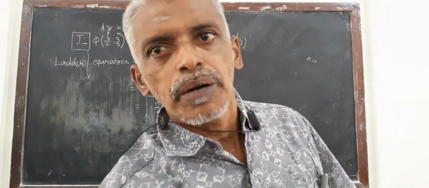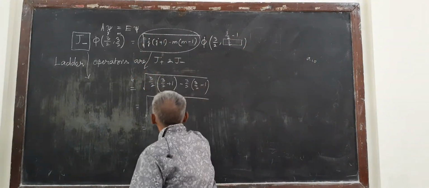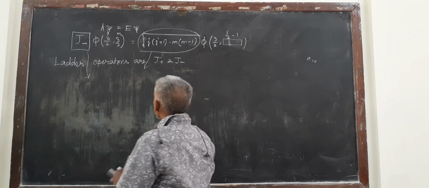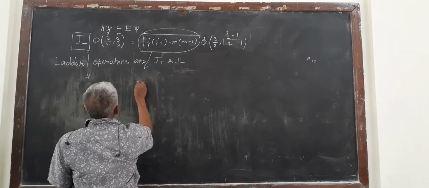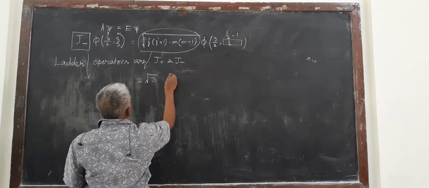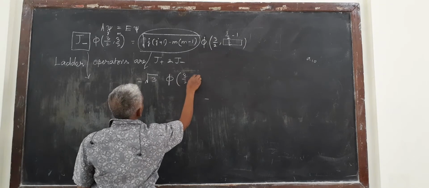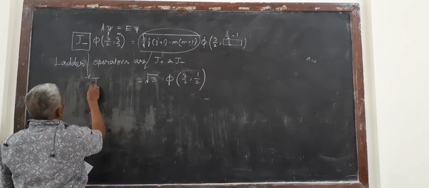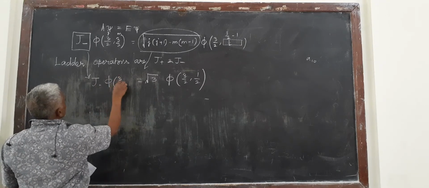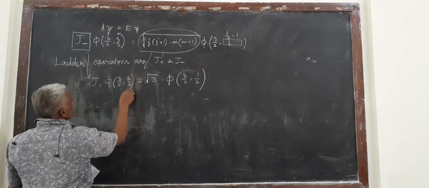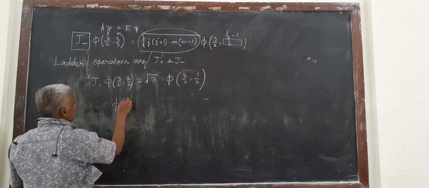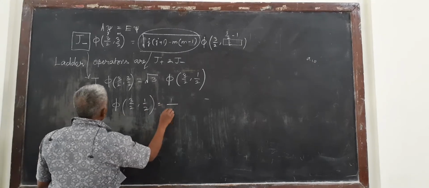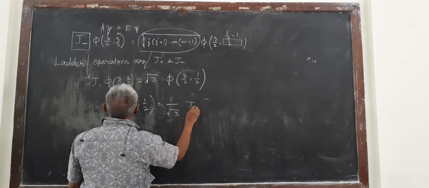So, combinedly I can write it as: this is equal to square root of 3 by 2, 1 by 2, and this is the J minus, 3 by 2.